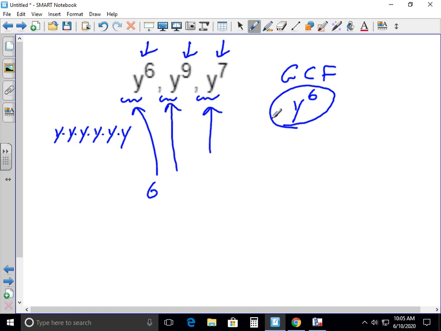You might say, well, do they all have 7? Well, this one has 7, and this one has 7, but this one doesn't. That one only has 6. So the greatest common factor is the most things that they all have that are the same. So they all have at least 6 factors of y.